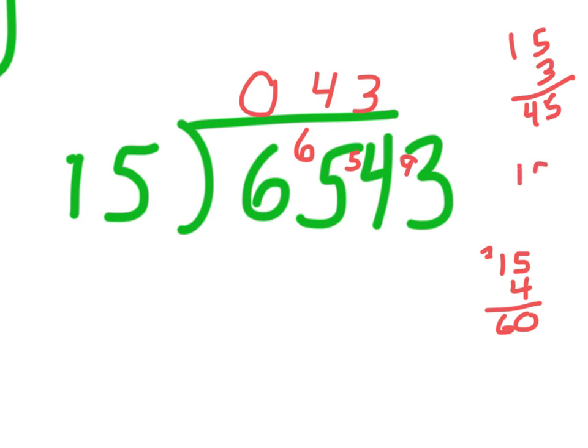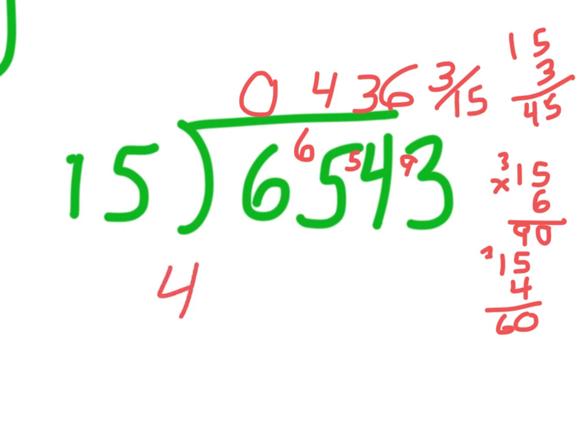And that would be 6. That will give me 90. But I wanted 93, so my remainder is 3, so 3/15. So it goes in 436 and 1/5.